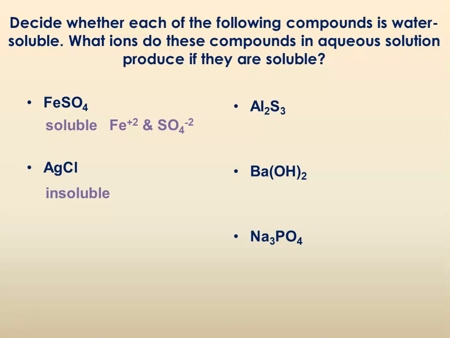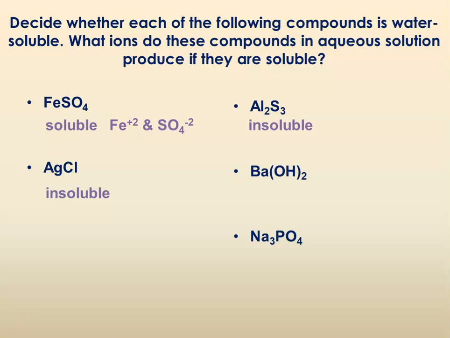The next compound, aluminum sulfide: if you look at your sulfides rule, I believe you're going to see that they are insoluble unless they are paired with an alkali metal, ammonium, or one of your group 2 alkaline earth metals, and aluminum is not one of those. So because of that, if aluminum and sulfur ions were placed near one another in a mixture, a precipitate would form.